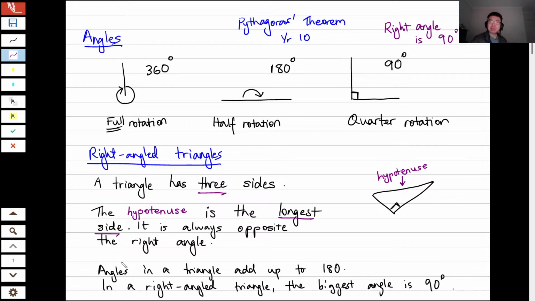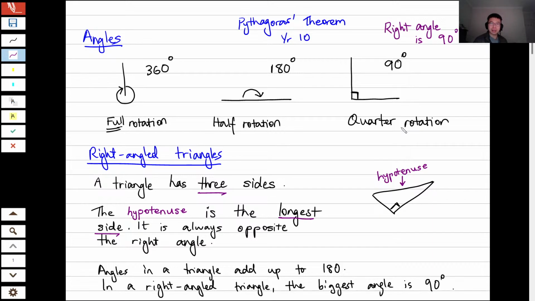So if you're happy to believe me when I say the biggest side will be opposite the biggest angle, and the biggest angle is always going to be 90 degrees, then all I have to do is find the right angle, look opposite, and there's my hypotenuse. If you forget what hypotenuse means, just remember it means the longest side.